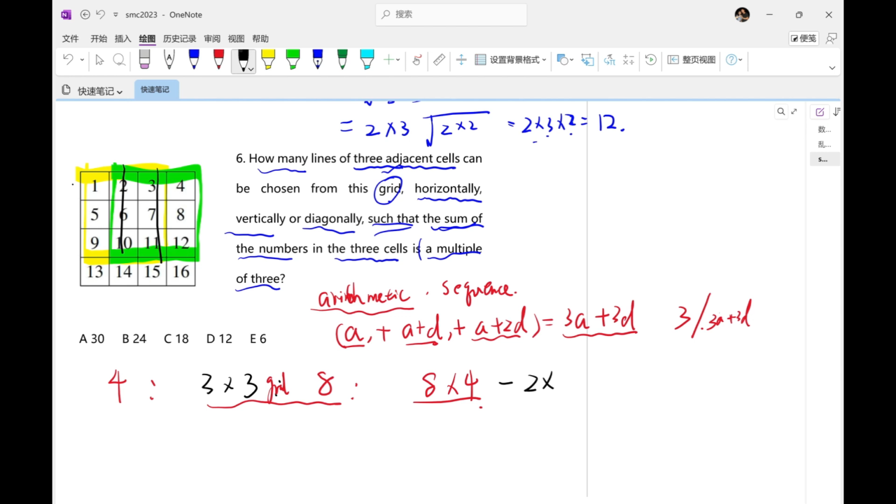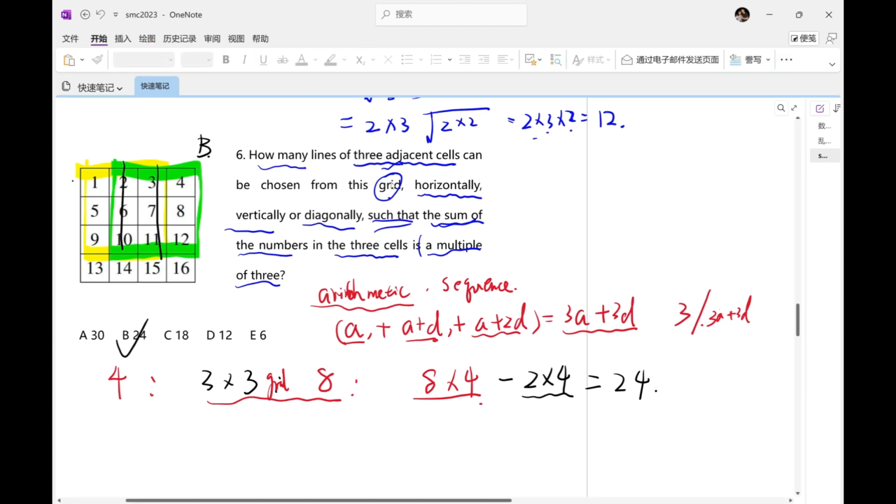So we subtract 2 times 4, and the final answer is 24. So we choose option B. This is a question about counting and sequences. We should know the properties of an arithmetic sequence.